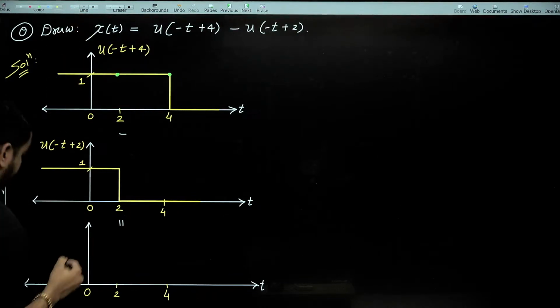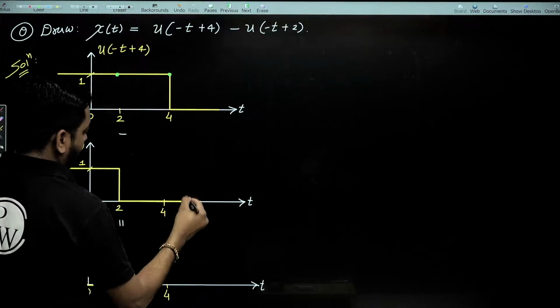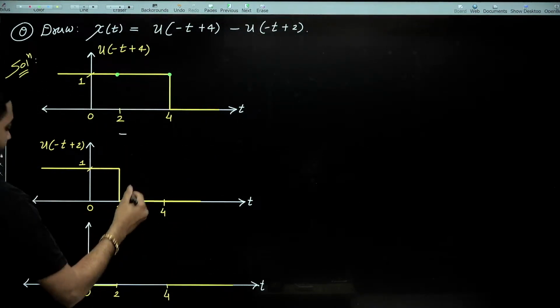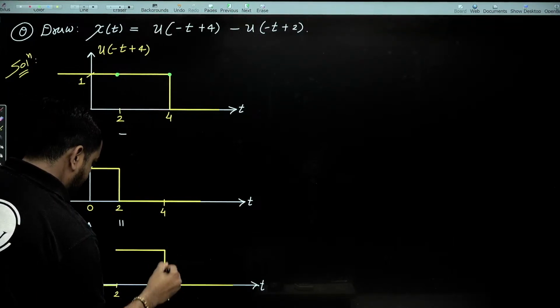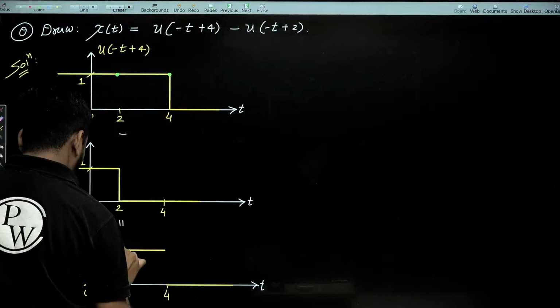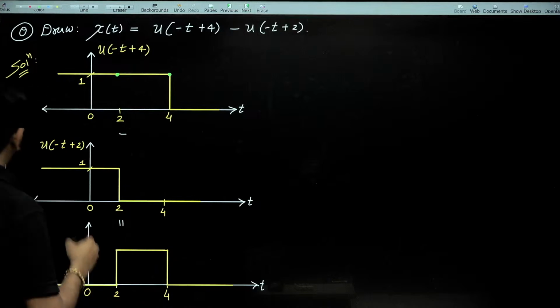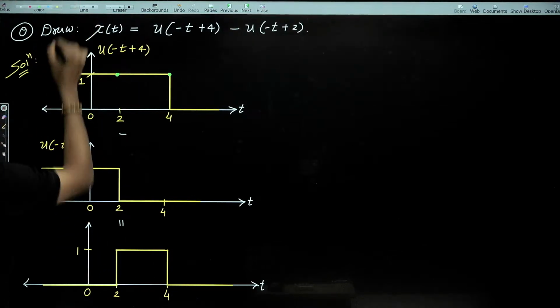Resultant signal is 0 here. Then again greater than 4, 0 minus 0, 0, guys. And again between 2 and 4, 1 minus 0. Correct? So this will be your answer, guys. This is your x of t.